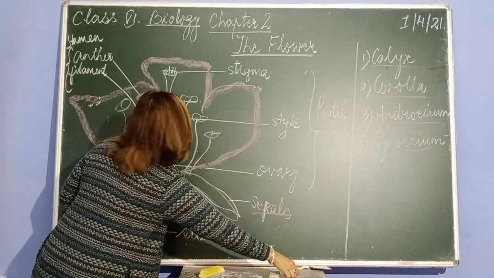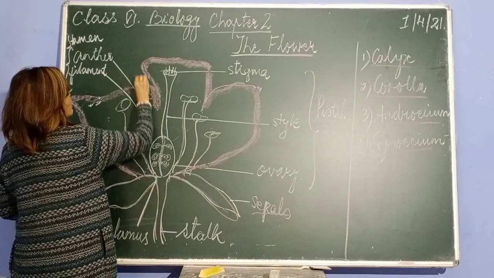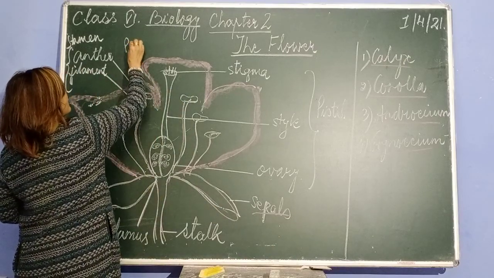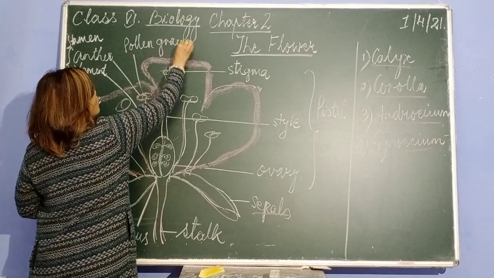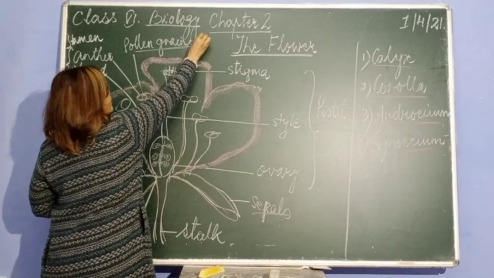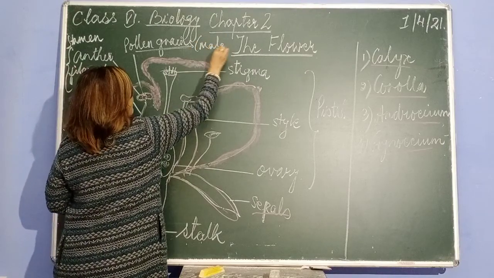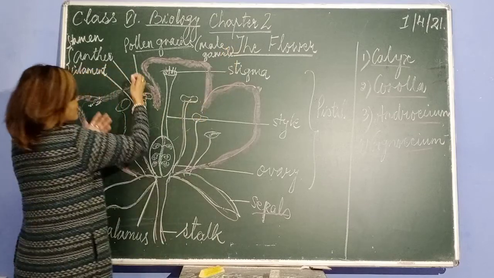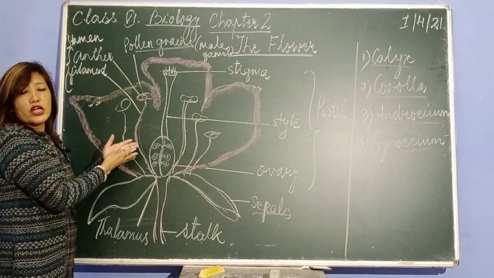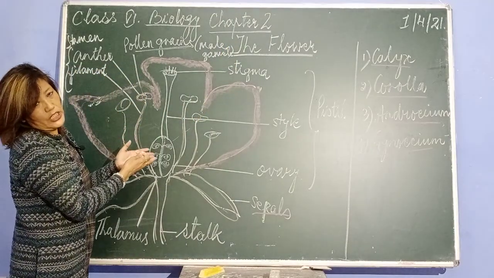Those small grain-like structures are called pollen grains. These pollen grains contain the male gamete, or the male egg, because the stamen is the male reproductive part of a flower.